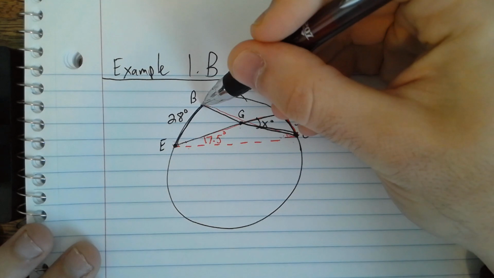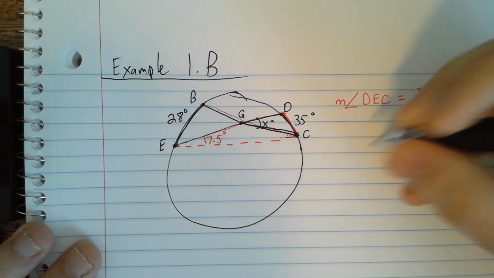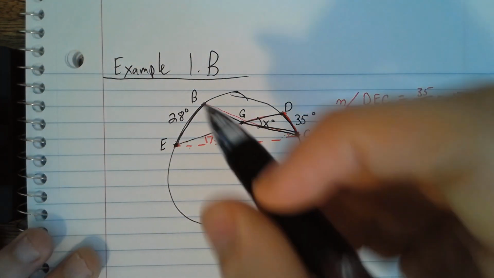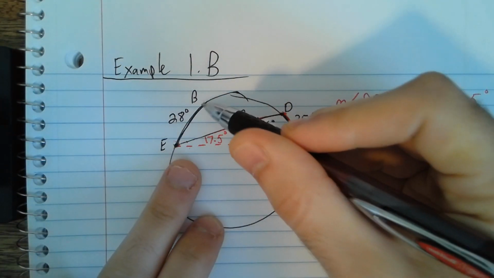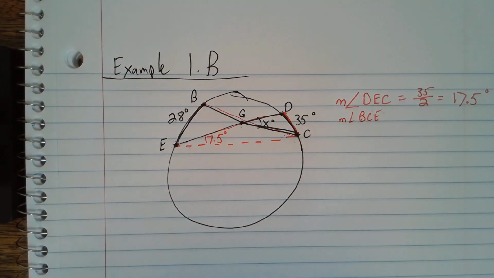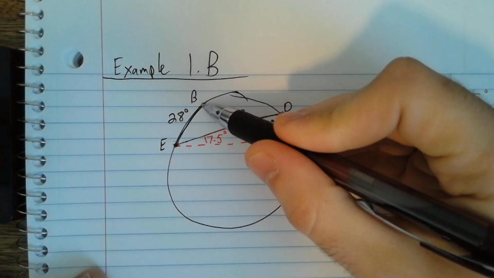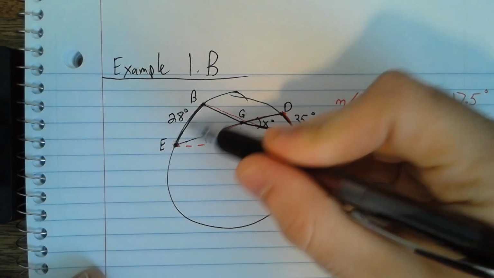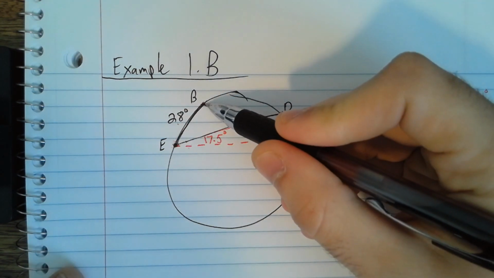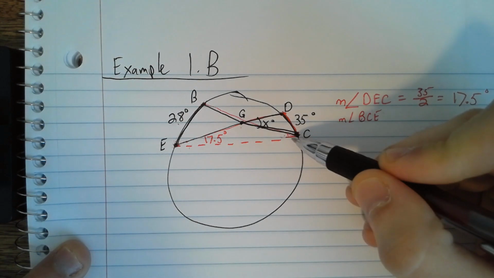Now we can look at this inscribed angle, BCE. The measure of angle BCE intercepts arc BE, right? We're jumping back and forth between angles and arcs, so just make sure that you're paying attention to what I'm saying. Arc BE, the portion of that circle from B to E, is 28 degrees. Well, the inscribed angle is going to be half of that.